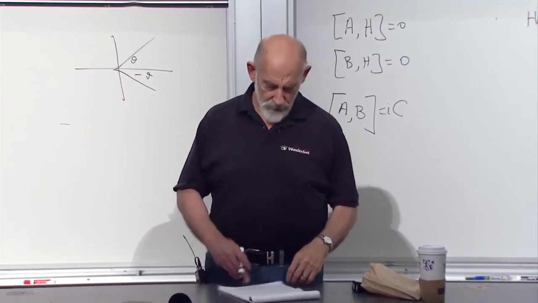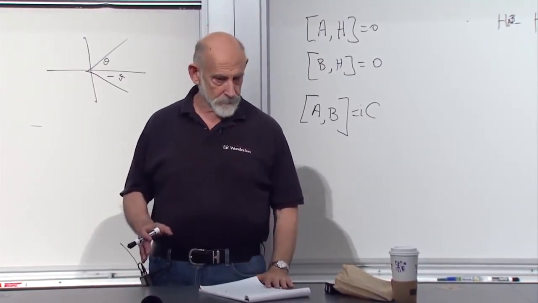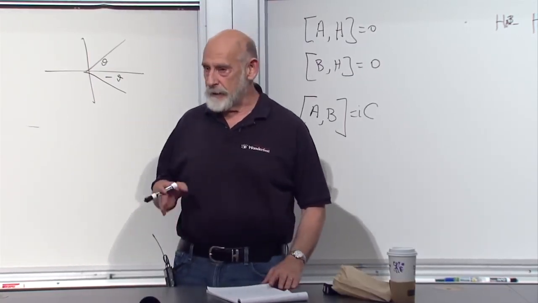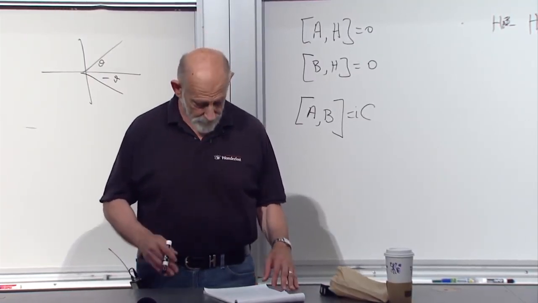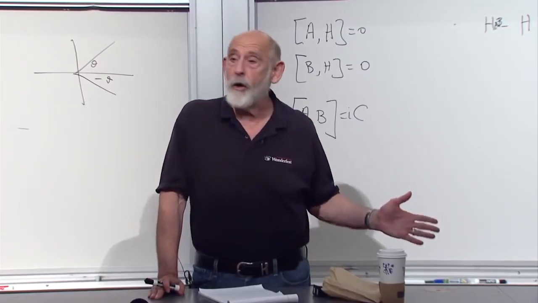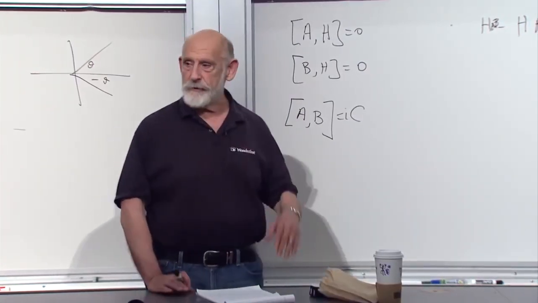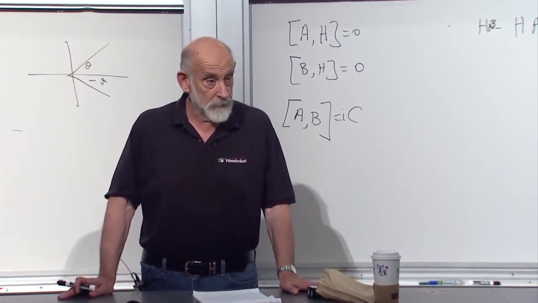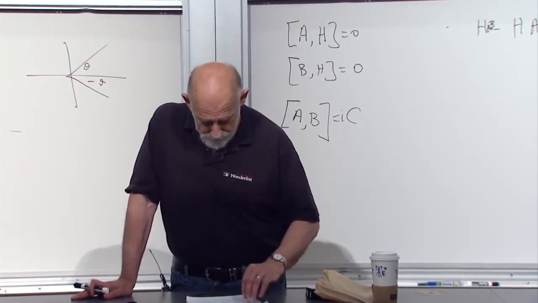Whenever that happens, you have a great deal of power over the system to be able to say a lot about the nature of the energy levels and the degeneracies among them. Okay, so that's the general. What is such a structure called? The collection of symmetry operations. A group. This is a symmetry group.